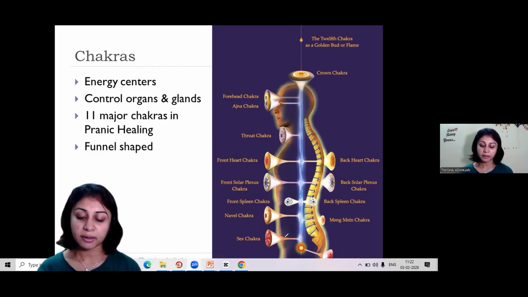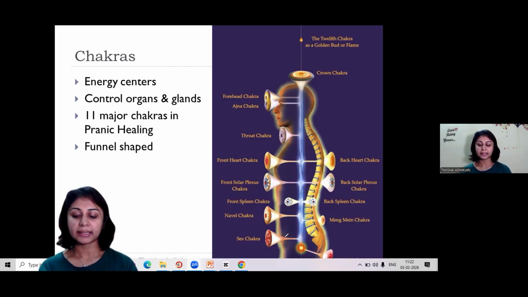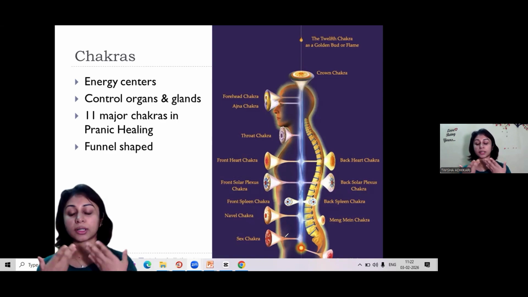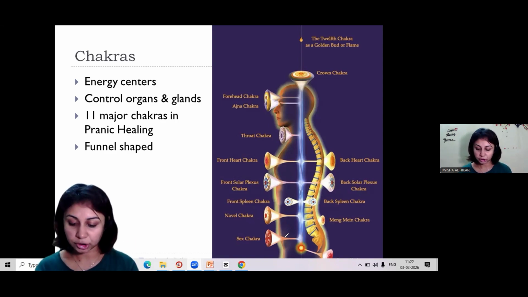Part of the pranic energy from the sex chakra can be sent to the throat chakra. So the sex chakra energy is being transmuted to the throat chakra and the ajna chakra.